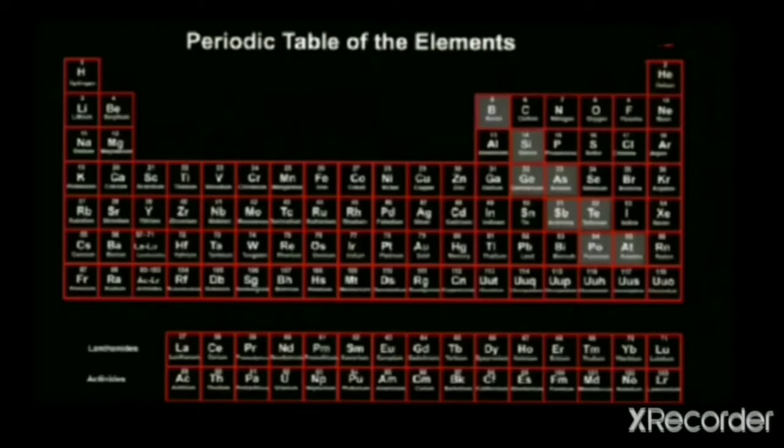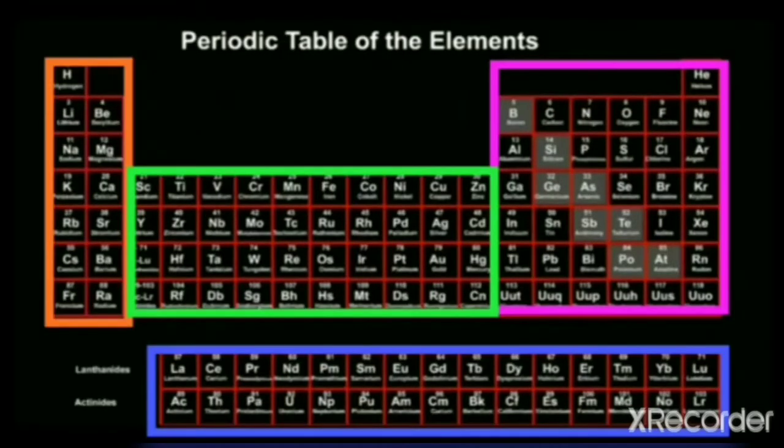The periodic table is divided into 4 blocks. We can find the 4 blocks here, which are given separate colors.